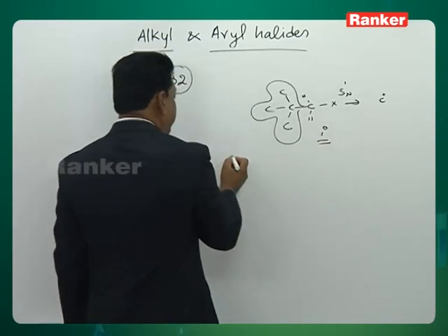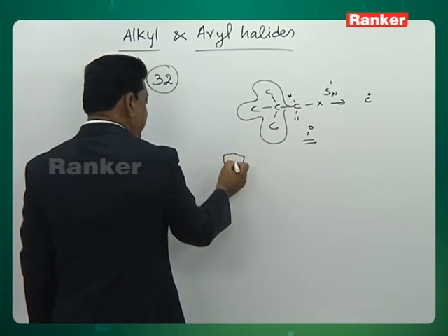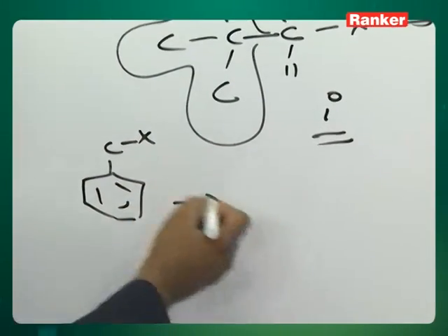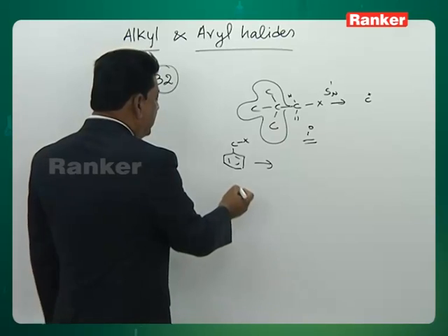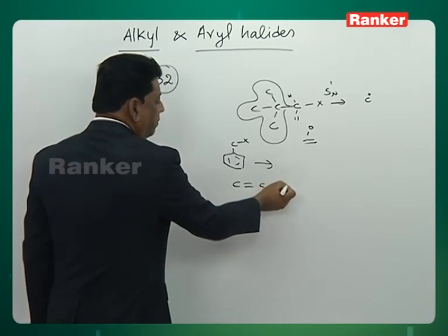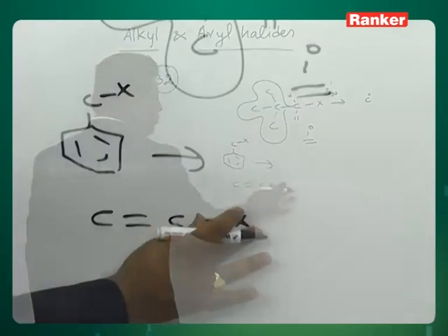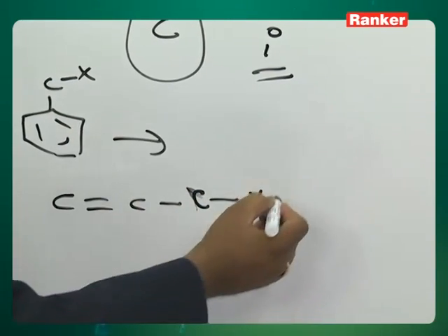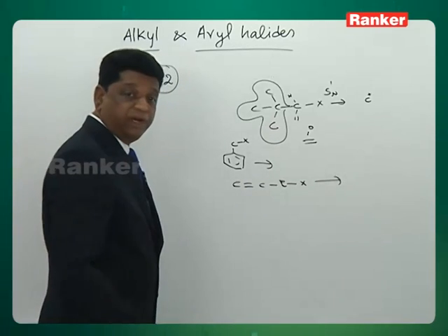Even benzyl is 1 degree, but prefers a carbocation because it is resonance stabilized. Allyl is also 1 degree, but prefers SN1 reaction.